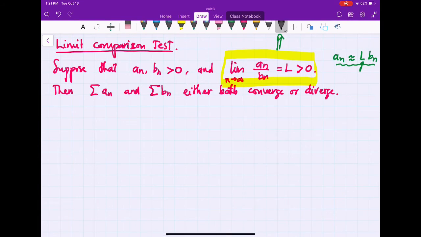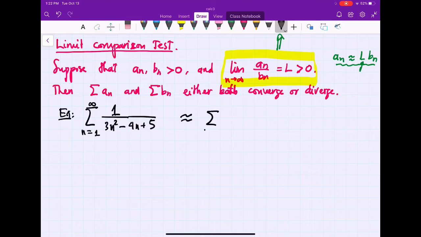All right, so let's consider the following example. We are looking at the series with 3n squared minus 4n plus 5, from 1 to infinity. Let me show you the similarity. We want to see if this series converges or diverges.